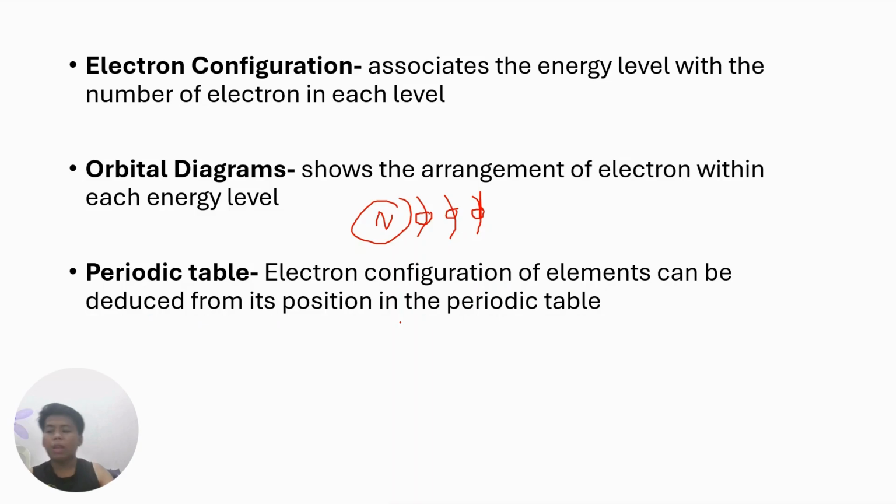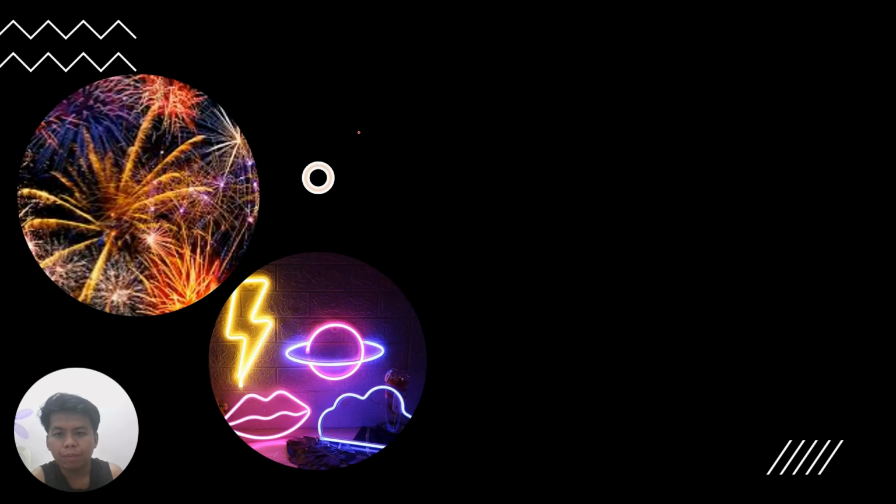The periodic table is simply the list of all the elements present on this planet. Basically, it's just the list of elements and their information.